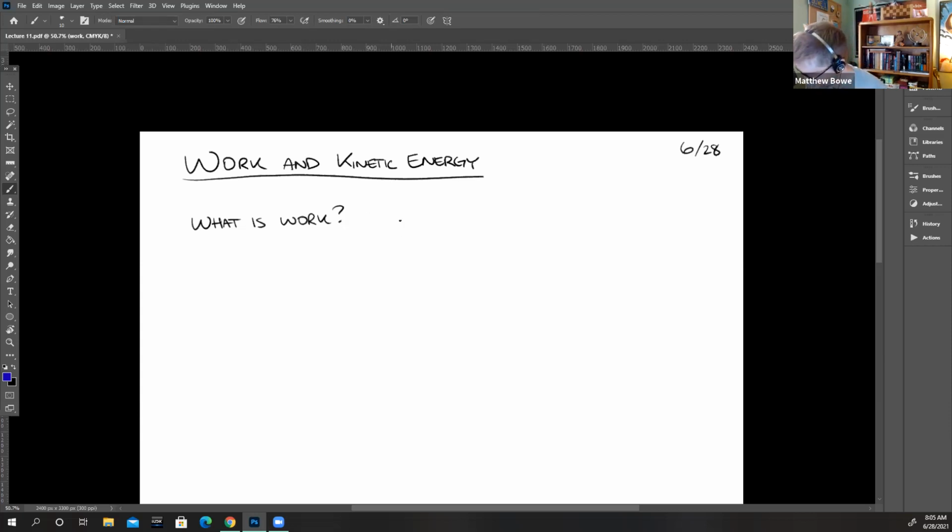So let me give this little definition. The amount of energy required to force an object over a distance.